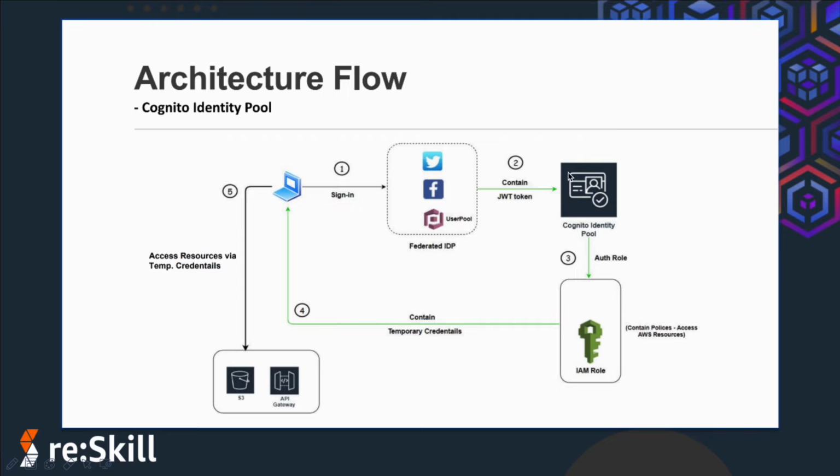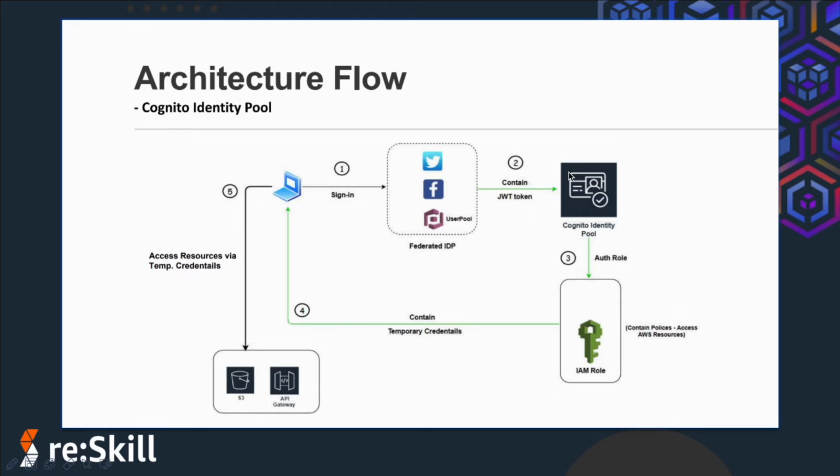Cognito Identity Pool will verify the JWT token. It will check whether this JWT token has expired or not, or whether it is configured in the identity pool. We have seen how we configured a Google client ID, so it will check those things.